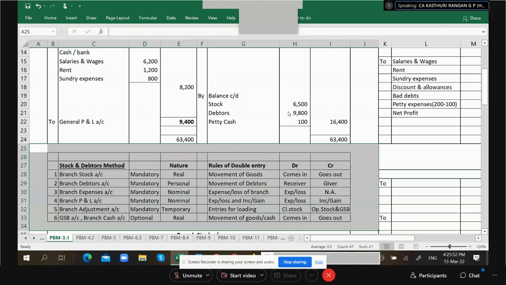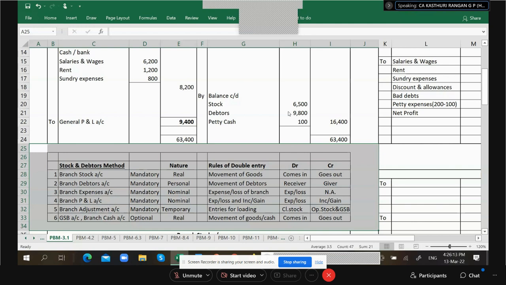So in stock account, very simple. When will you debit the stock account? When the goods come into the branch. When the goods go out, stock account should be credited. When HO sends goods, stock comes in. When the branch returns the goods, goods go out.